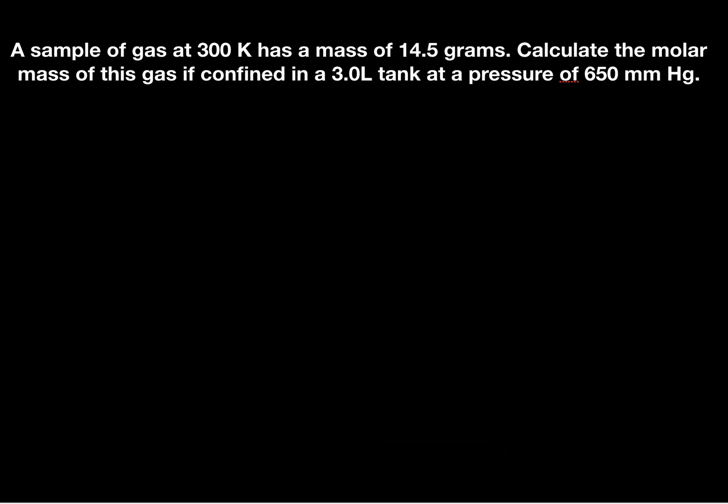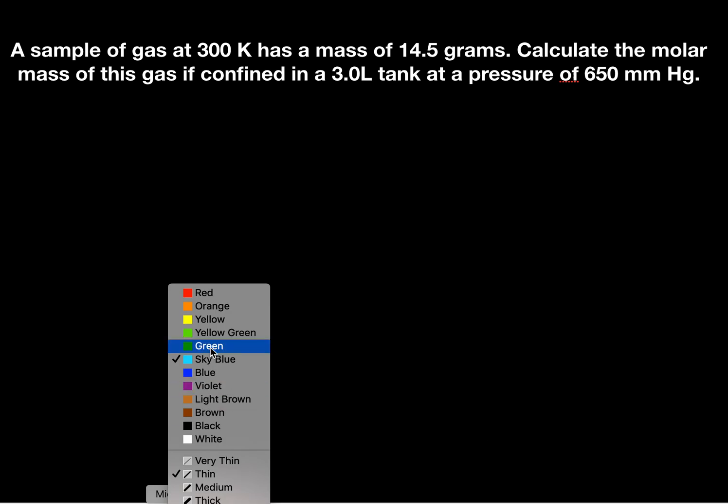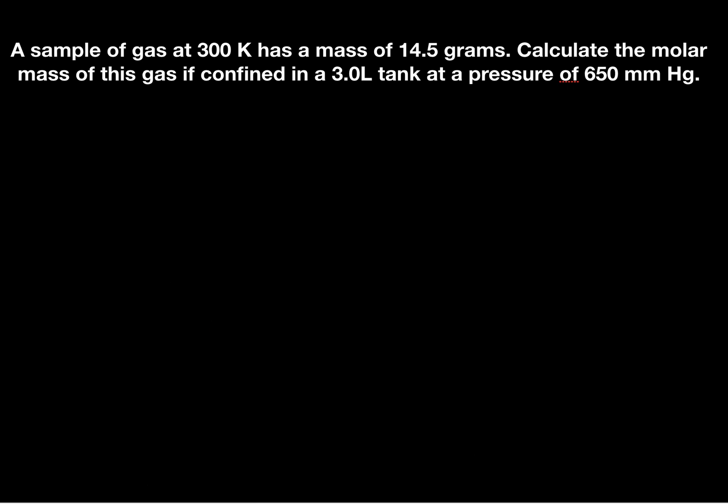Okay, so now a sample of gas at 300 Kelvin has a mass of 14.5 grams. Calculate the molar mass of this gas if confined in a 3-liter tank at a pressure of 650 millimeters of mercury. All right, so now we could use our normal ideal gas law. We're not looking for density. So, PV equals nRT.